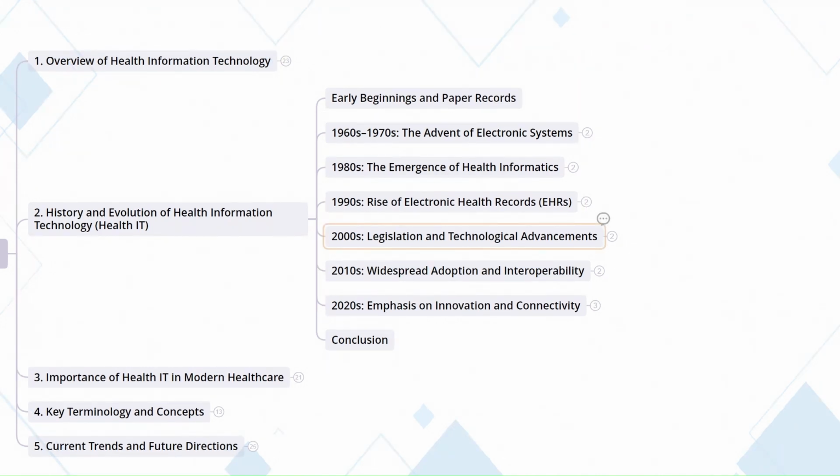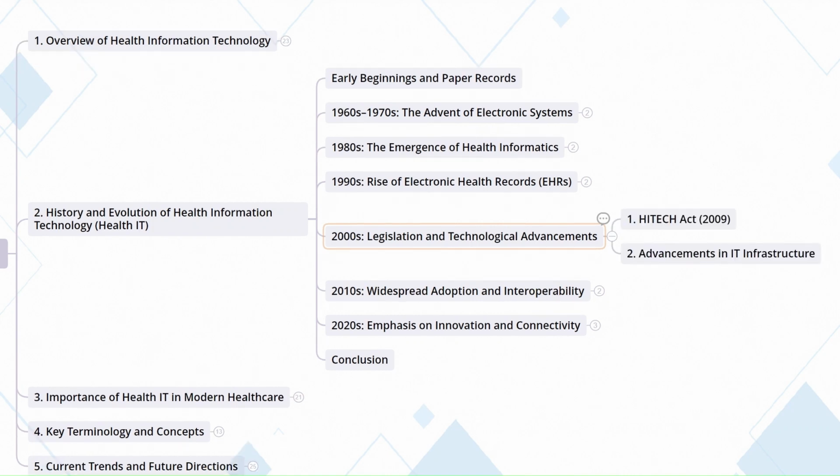Next, in 2000s, legislation and technological advancements. The early 2000s marked a landmark period for health IT, driven by legislative changes and technological advancements. Firstly, the HITECH Act from 2009.